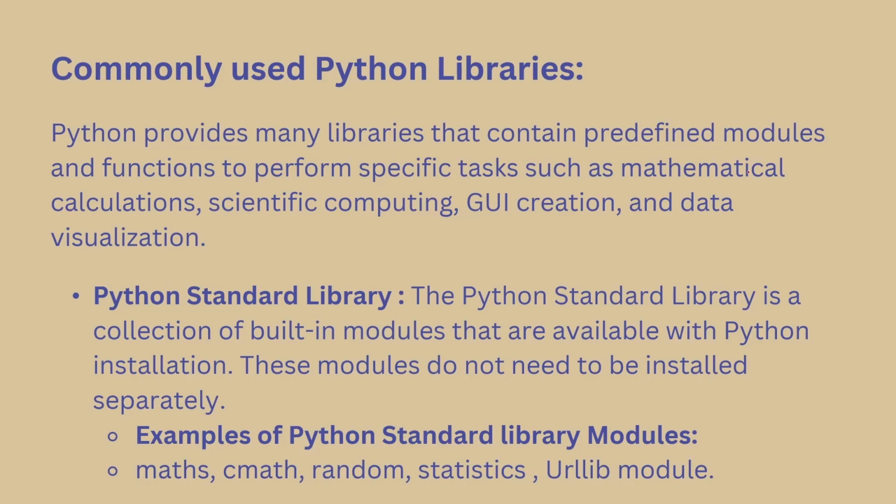Examples of standard library modules are math, random, and statistics. In the math module, there are multiple mathematical functions like square root and power already present, so we don't have to write them from scratch. We'll just import the math module and then directly use it.